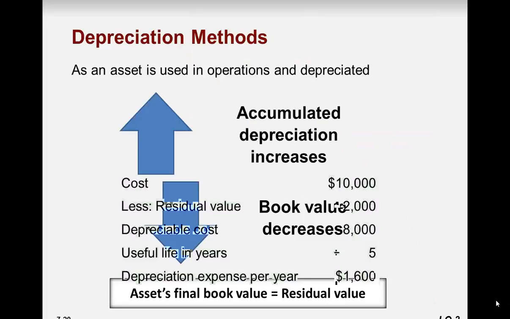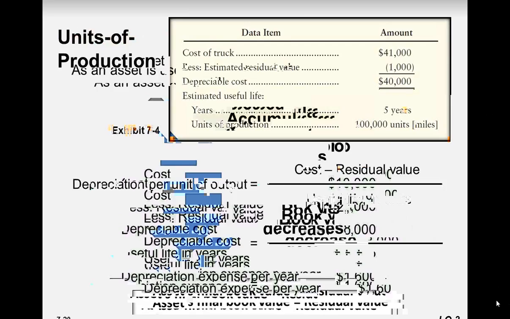This is often popular for vehicles for that reason, because it seems to be a clearer measure of how that vehicle is being used. So to get our unit cost, we take our cost minus residual, divide it by our 100,000 units, and that gives us 40 cents per mile.